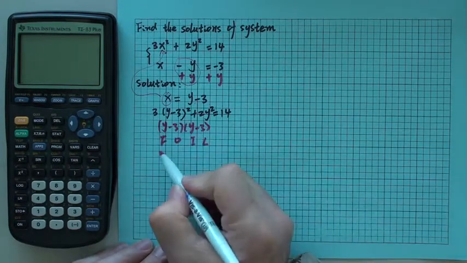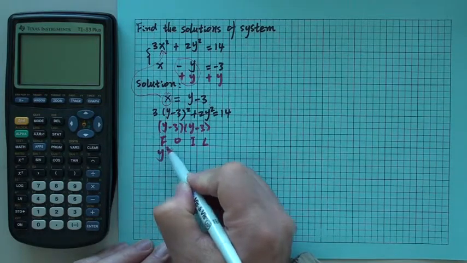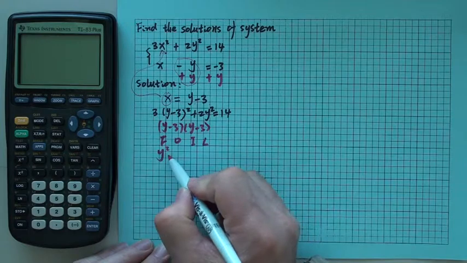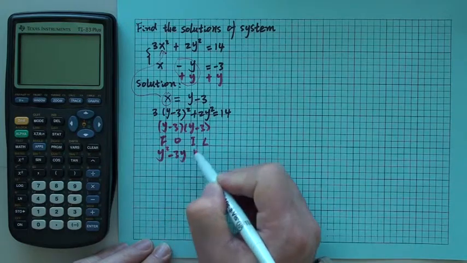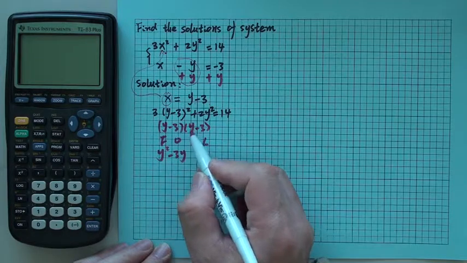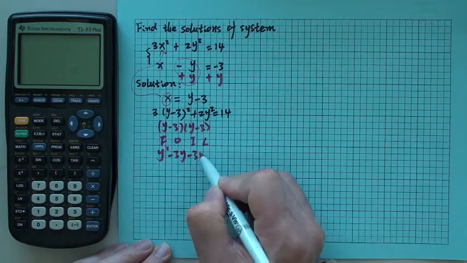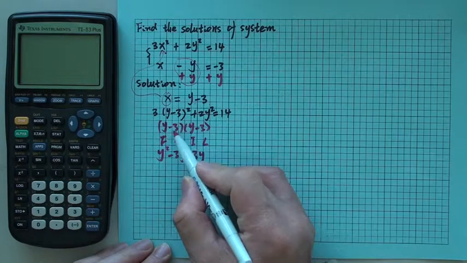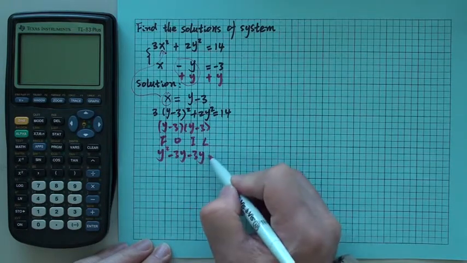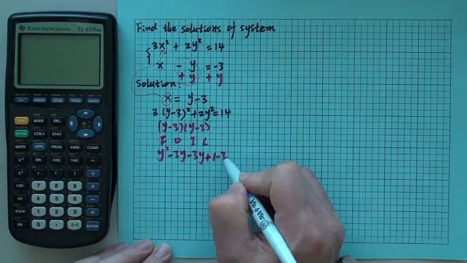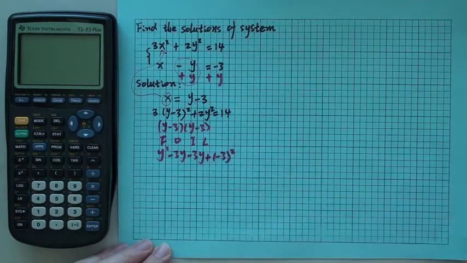Y times y is y squared. The outer product, y times -3 is -3y. The inner product, -3 times y is -3y. And the last product is -3 times -3, so you have -3 squared.